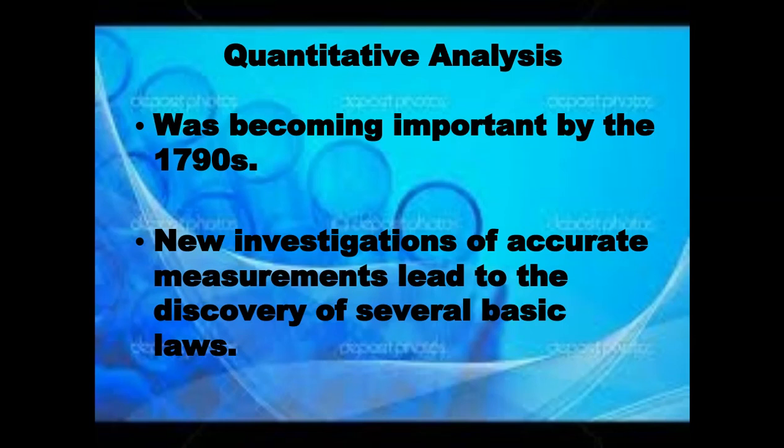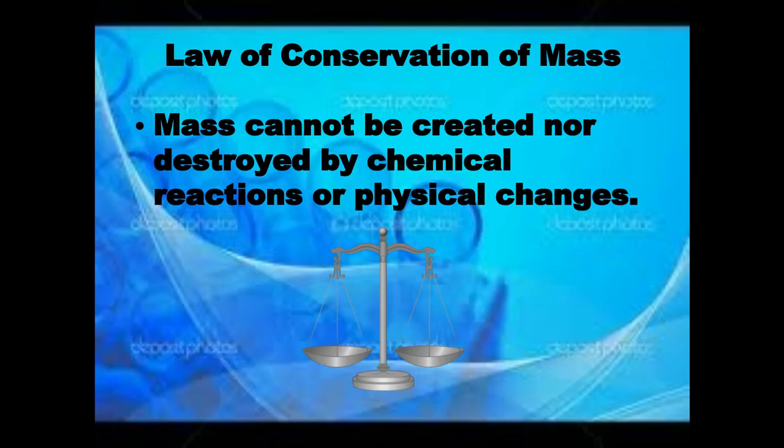And by quantitative analysis, we're looking at ways to measure things. They started having instrumentations so they could find mass and things like that, scales, and scientific instruments that they may not have had before this time. So that allowed them to come up with new discoveries based on different investigations that they were carrying out.